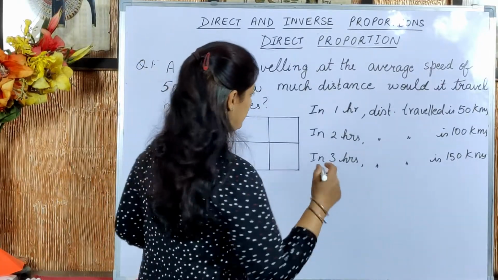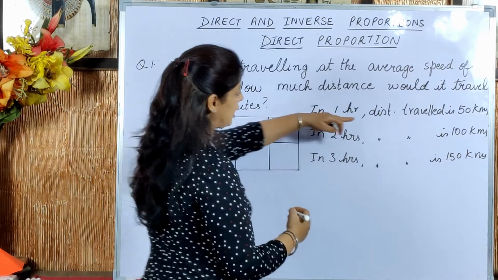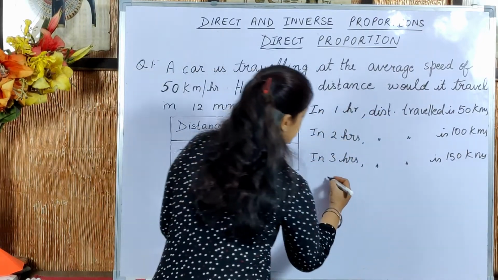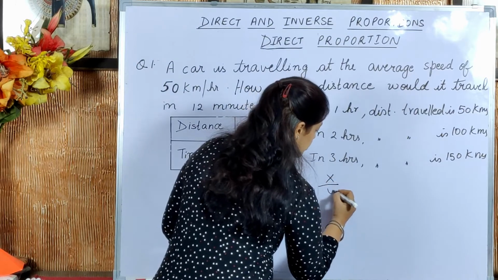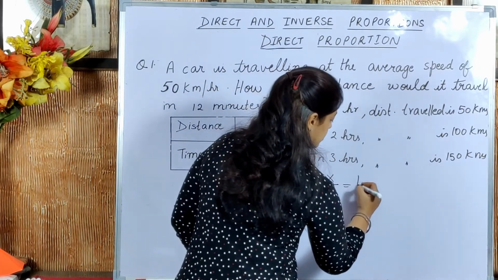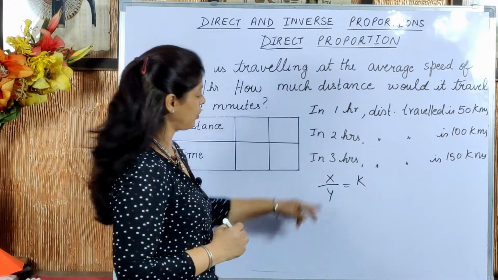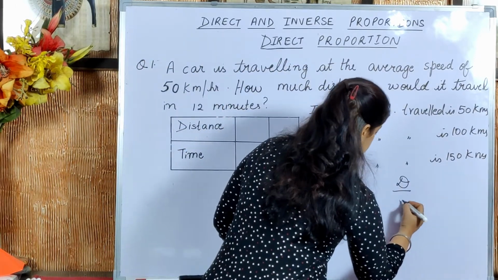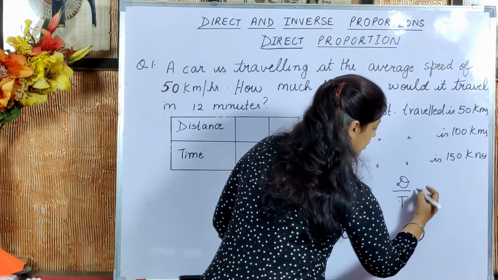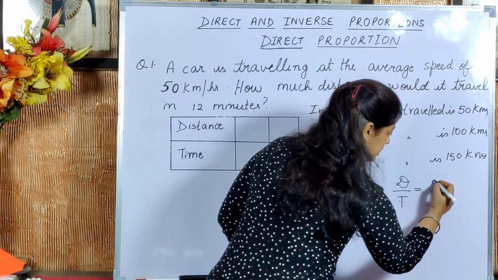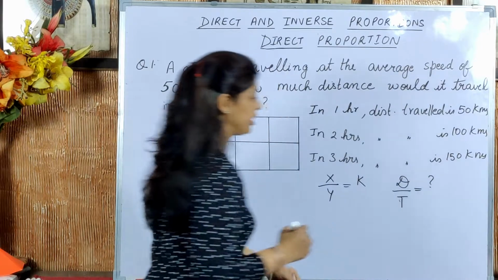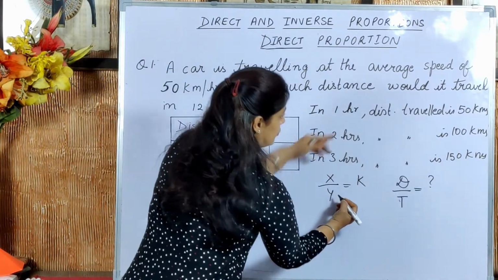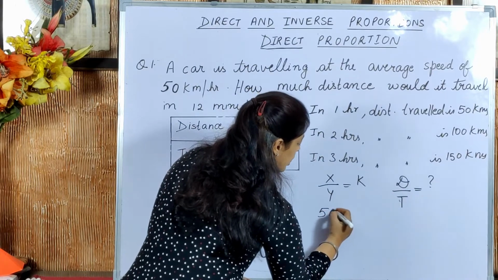So if you see here, if we consider the distance as x and the time as y, we can say that the ratio of x to y is fixed. The ratio is fixed to a constant k, or if we replace x by distance and y by time, the ratio of distance to time is constant and it is equal to what? The constant over here is the constant of speed. What is x in the first case? 50.